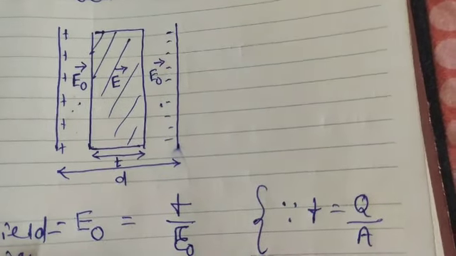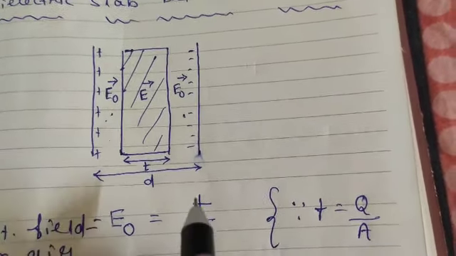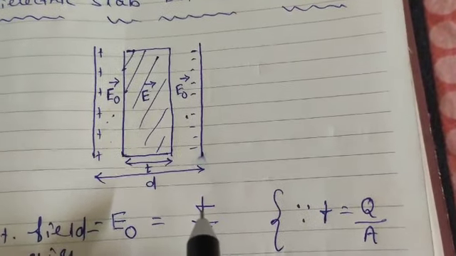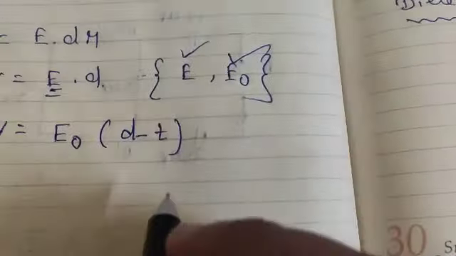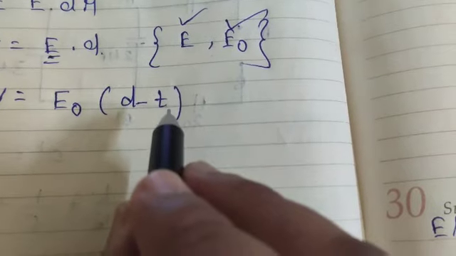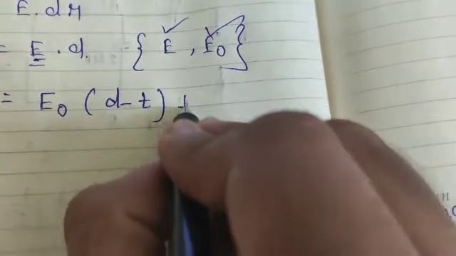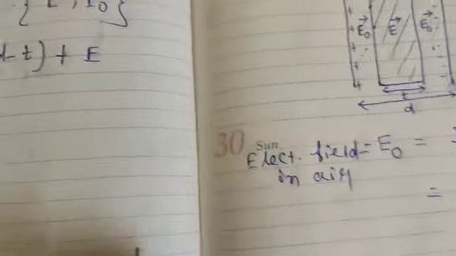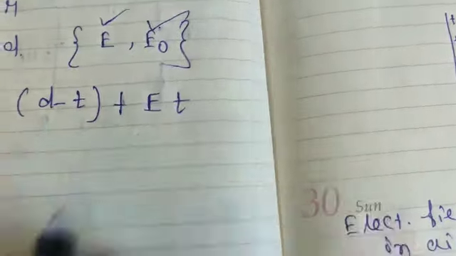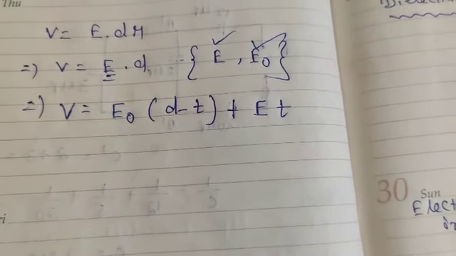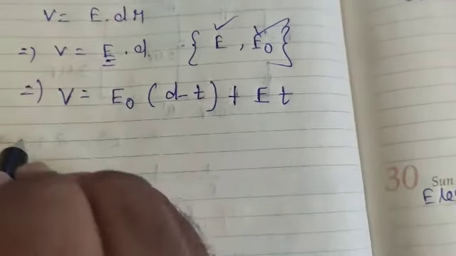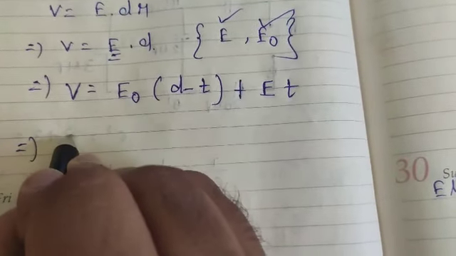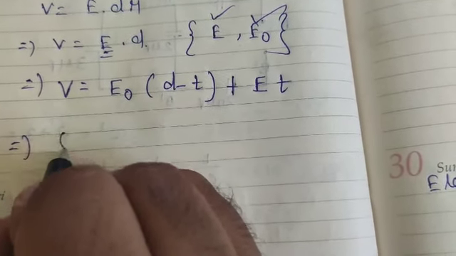D minus T. That's why I have written E naught into D minus T plus E. E is the electric field in the slab, so what is the distance? T. So you can write E into T. Clear?